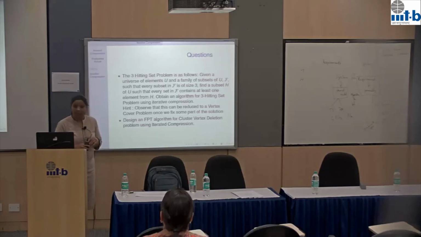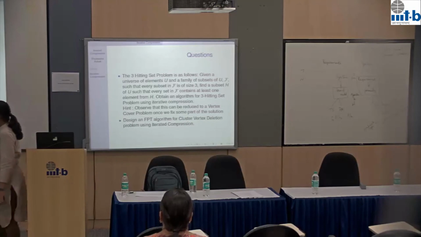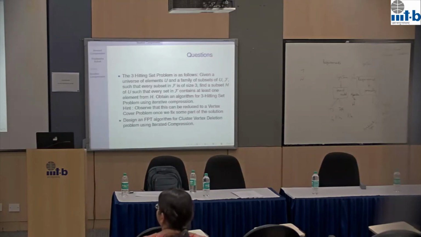Given questions like this, I decided to go green and not print papers. So just try this. The first question is on the 3 hitting set problem. You have seen the hitting set problem in approximation algorithms, right? The 3 hitting set problem is again a hitting set problem, but all sets in the family are of size 3.